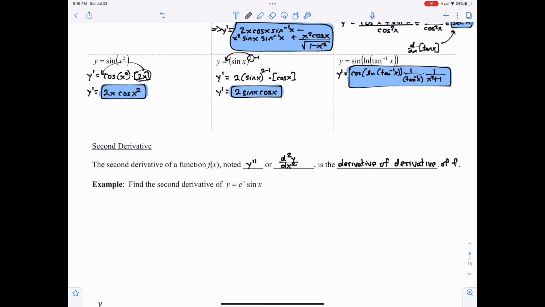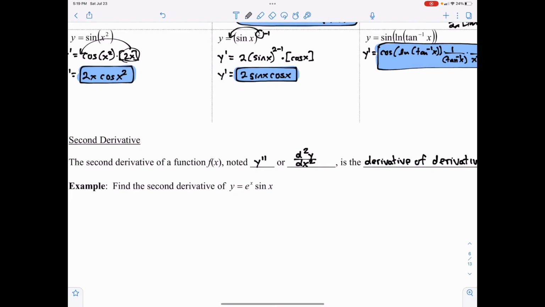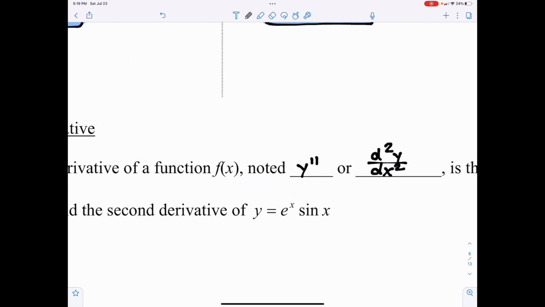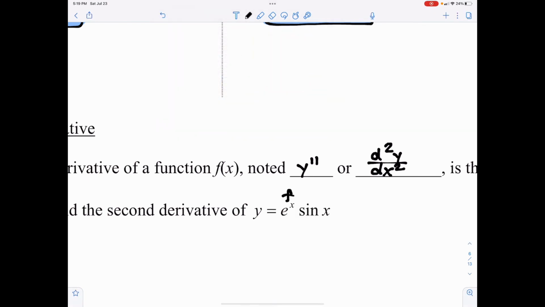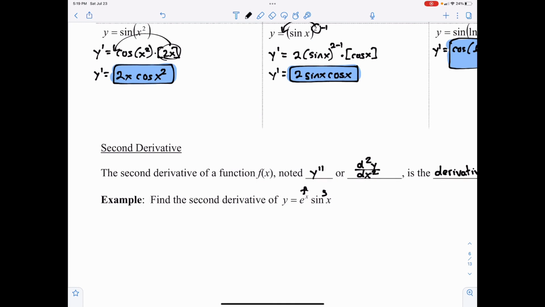Find the second derivative of e to the x times sine of x. This is going to be a product rule problem because you have two functions multiplied times each other. I'm going to call this f, and this g. So y prime: remember, the product rule is f prime times g plus f times g prime.